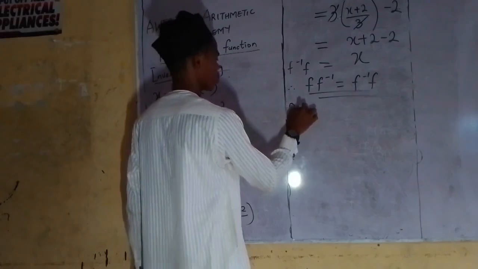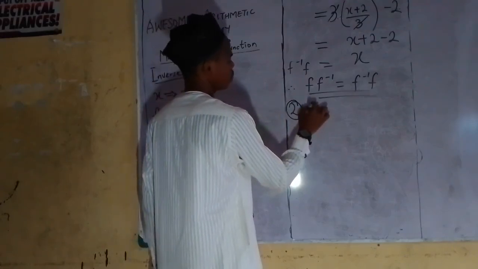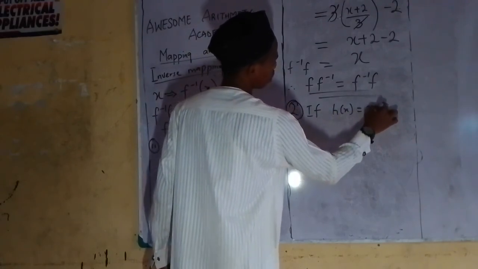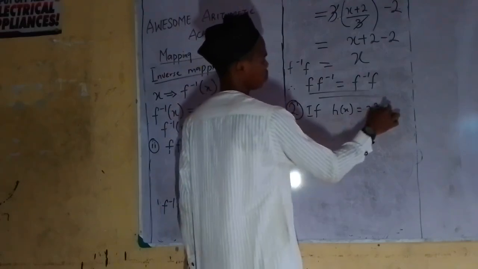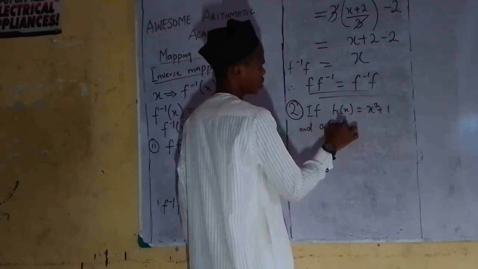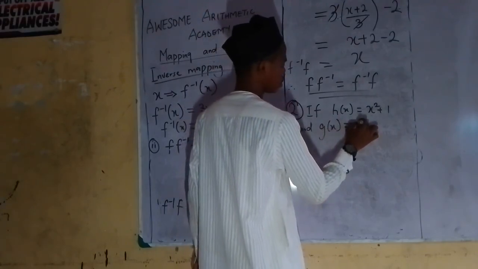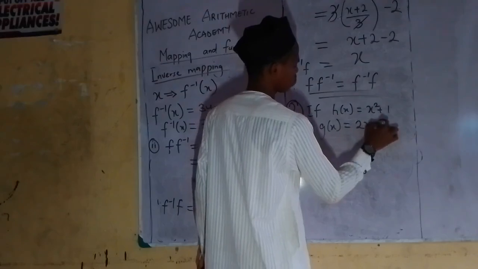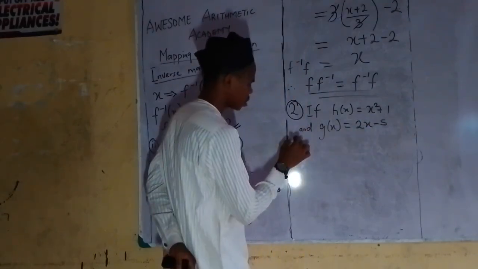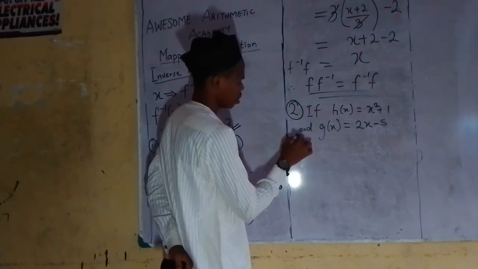Number 2 now. If h of x is x squared plus 1 and g of x is given to be 2x minus 5. Now the question said, 1.